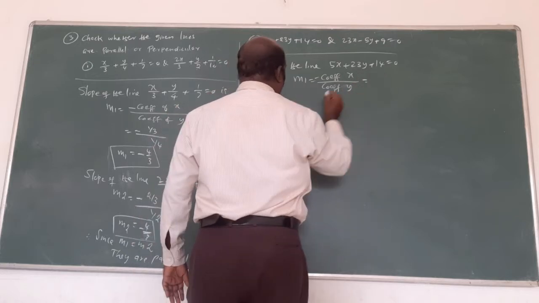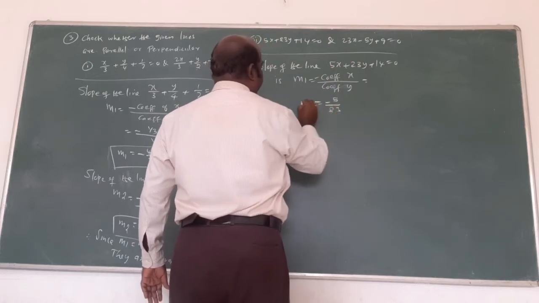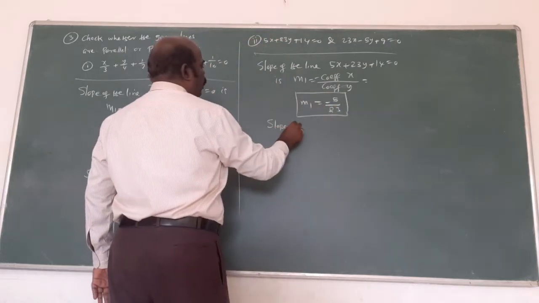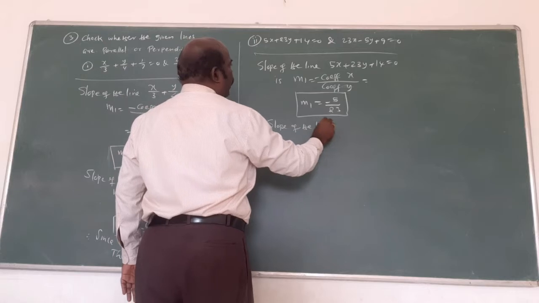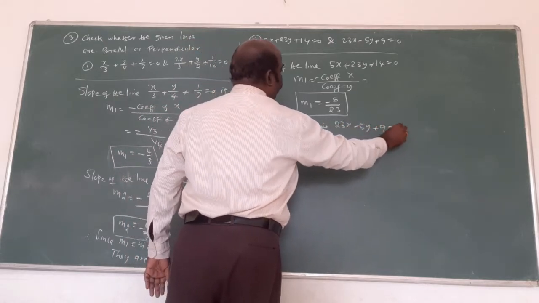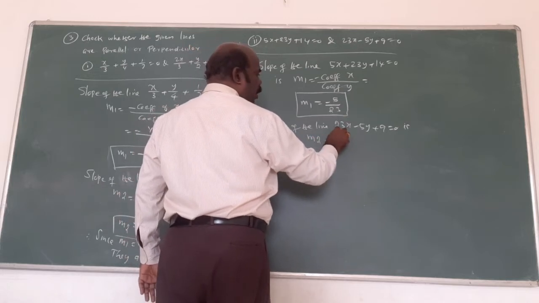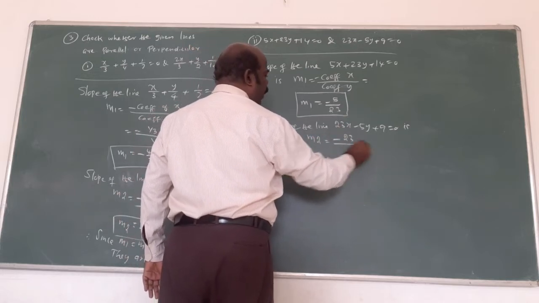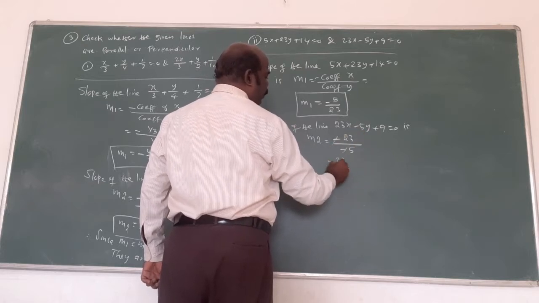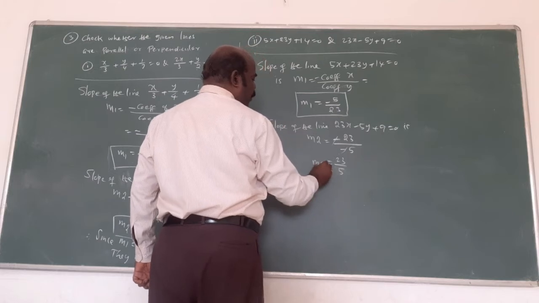You get minus 5 by 23. Similarly, the slope of the next line, 23x minus 5y plus 9 equal to 0, is m2: minus the coefficient of x, 23, divided by the coefficient of y, minus 5. Minus minus cancels. You get the answer 23 by 5.